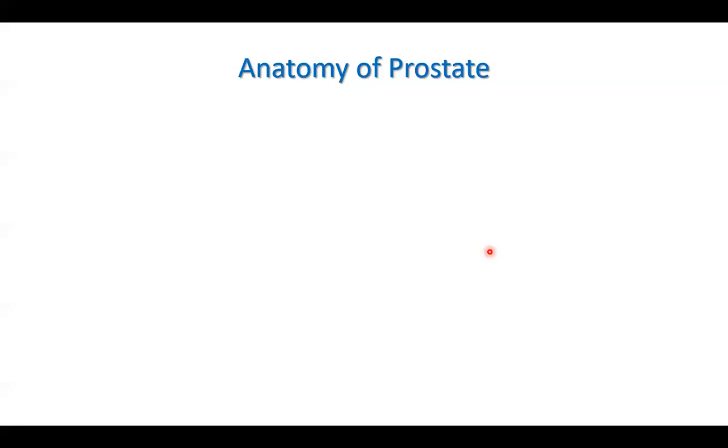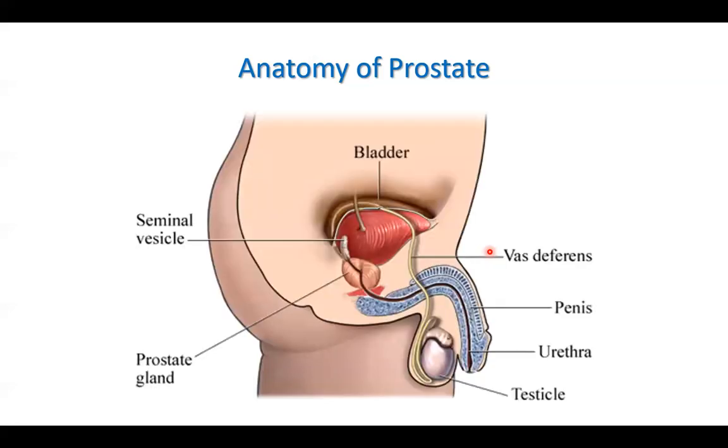Are you aware? No? Okay. So you know the relationship with the urogenital tract: very close proximity to the urinary bladder, just below it, right below the neck of the bladder, or the outlet of the urinary bladder, and it's surrounding the initial part of the urethra. So hence its importance, okay?